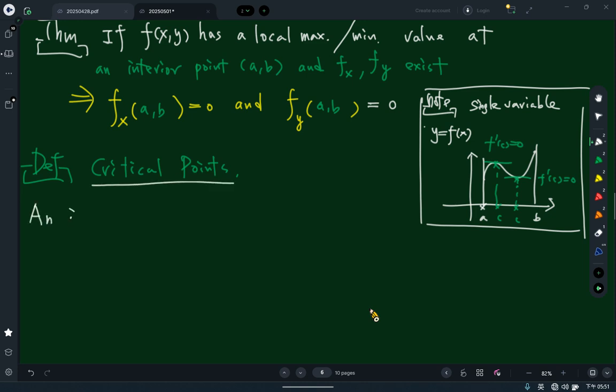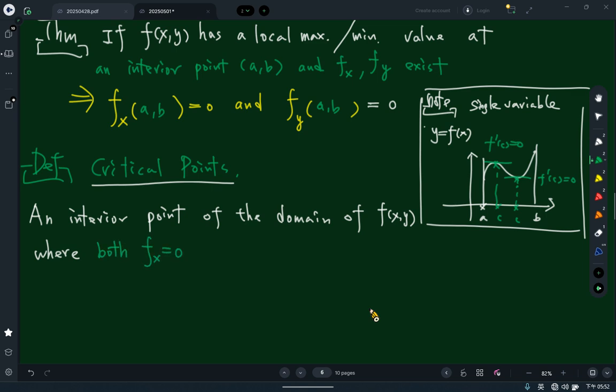We just define it as an interior point of the domain of f of x, y, where both partial f partial x is equal to 0 and partial f partial y is equal to 0, or where one or both of partial f partial y, partial f partial x do not exist.